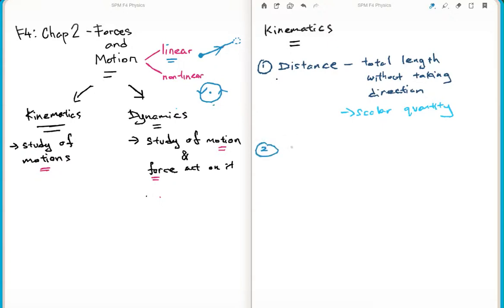Likewise, displacement. You need to be very careful about this word, and you need to know what their difference is. Displacement is the distance traveled in a specific direction.